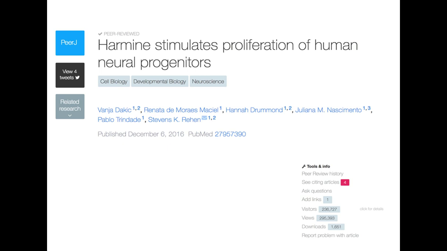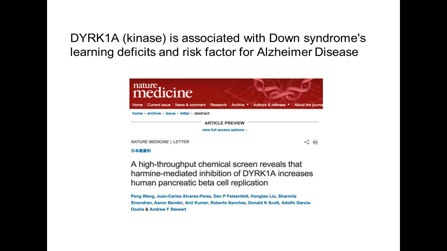This work was published, and because of this first work, we decided to explore other compounds present not only in ayahuasca, but also in other psychedelic substances.